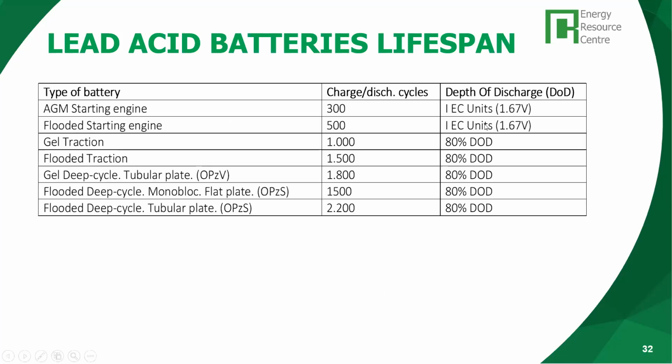Some references on the lifespan of batteries in number of cycles of charge and discharge. The maximum depth of discharge is down to 80%, but that's really a very deep discharge. I don't recommend going down to 80%.